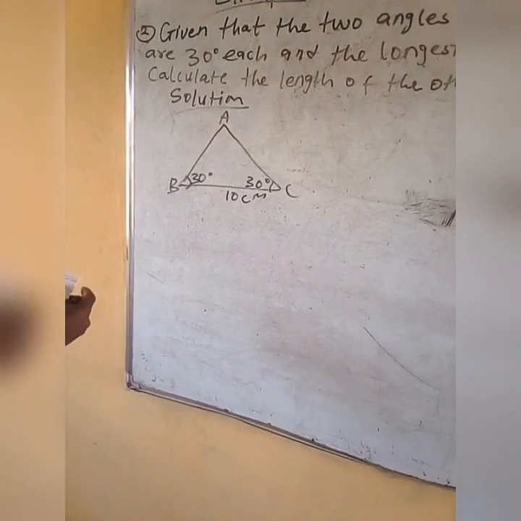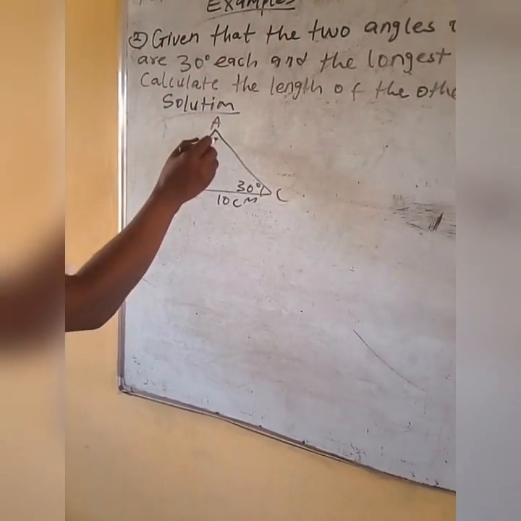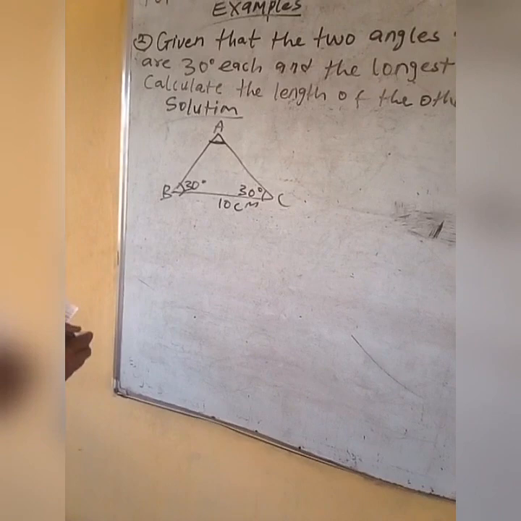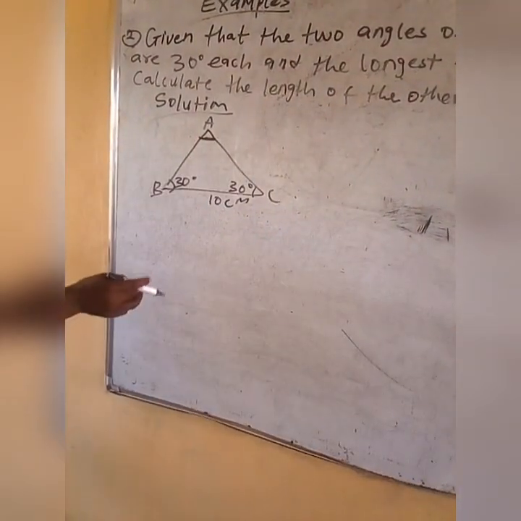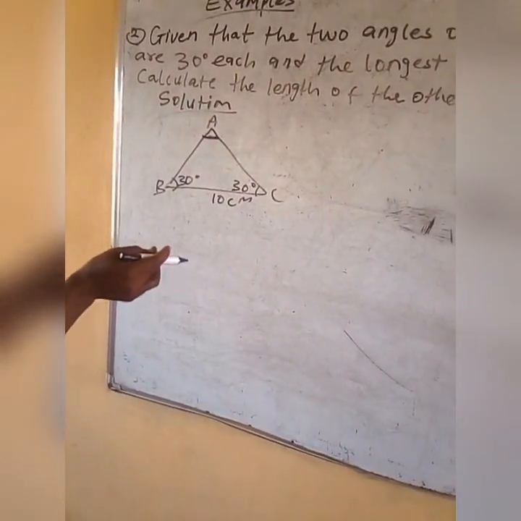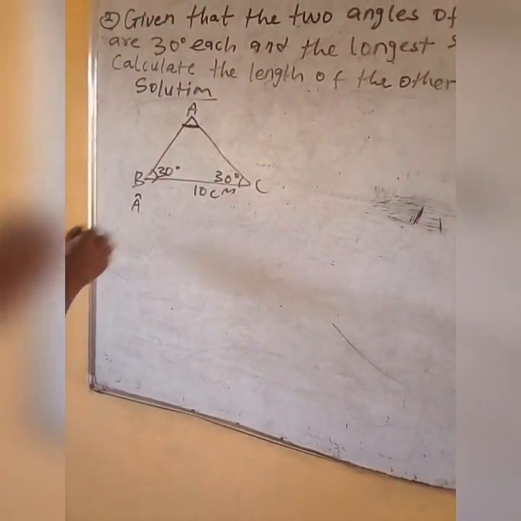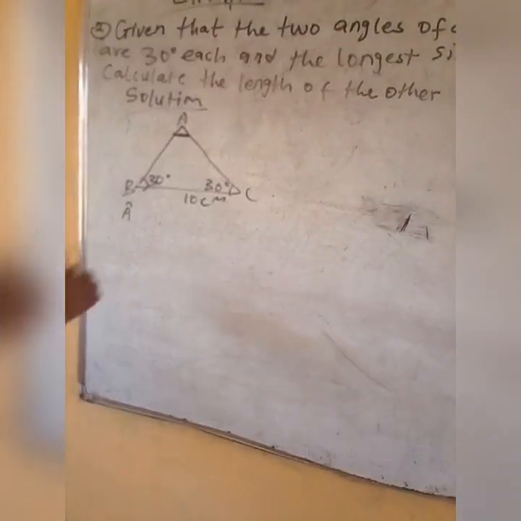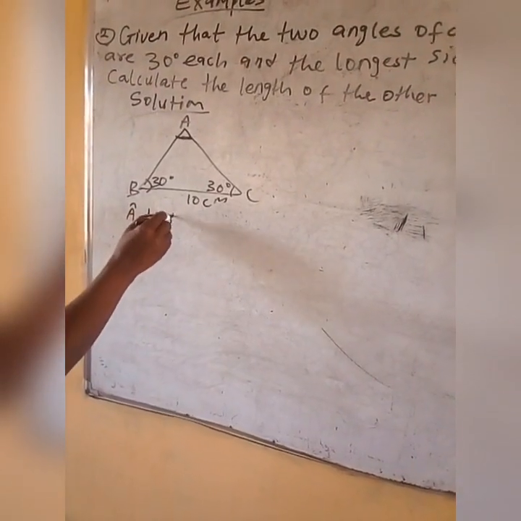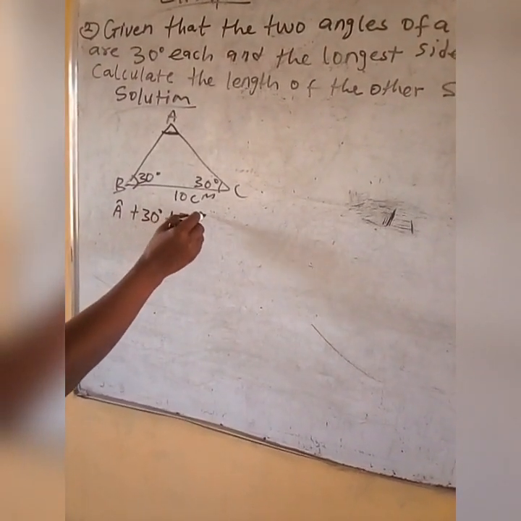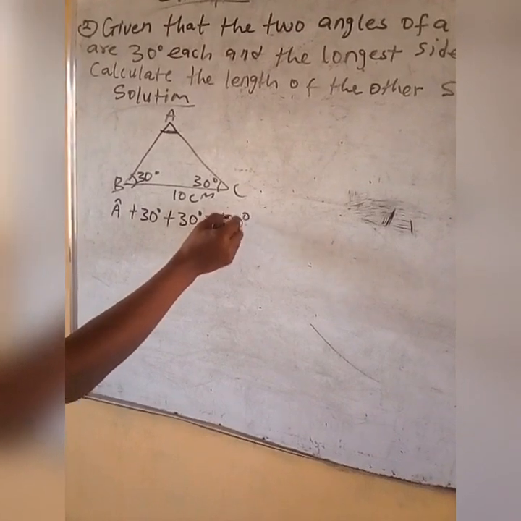Now we want to get the size of the two other distances. So for us to get that, I need to get this angle. Remember that the sum of angles of a triangle is 180 degrees. So angle A plus 30 degrees plus 30 degrees equals 180 degrees.